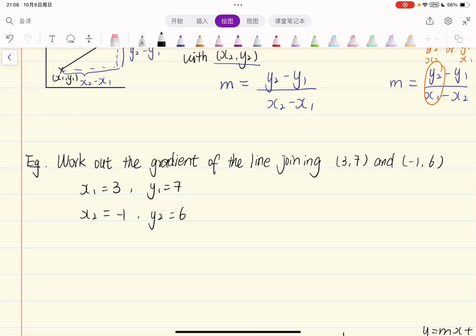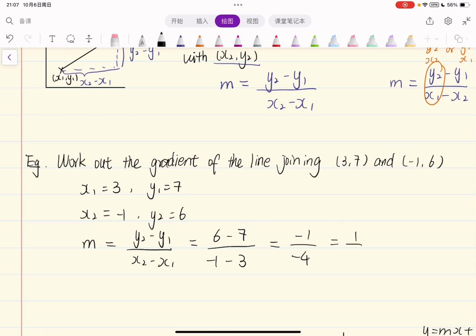Now we can use the formula m equals y2 minus y1 over x2 minus x1 equals 6 minus 7 over -1 minus 3 equals -1 over -4 equals 1 over 4. So that is the gradient of the line through (3, 7) and (-1, 6).